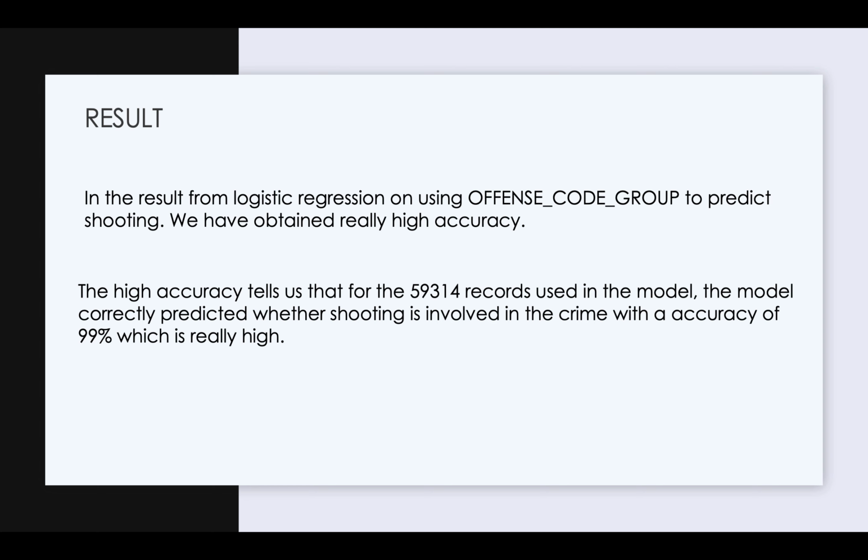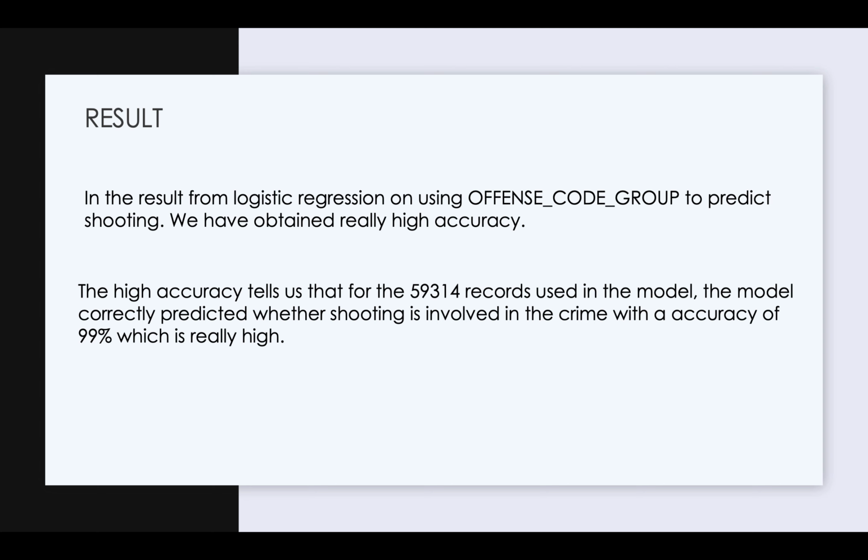So the result from the logistic regression is that we have obtained a really high accuracy, which means the offense code group is really accurate at predicting whether the crime involved shooting or not. The high accuracy tells us that for the records used in the model, it correctly predicts whether shooting is involved in the crime with an accuracy of 99%, which is really high.